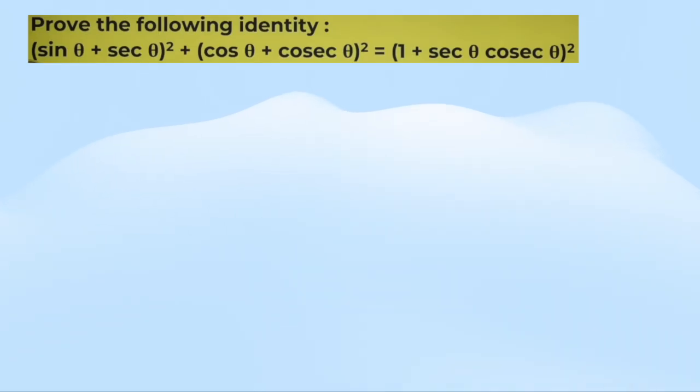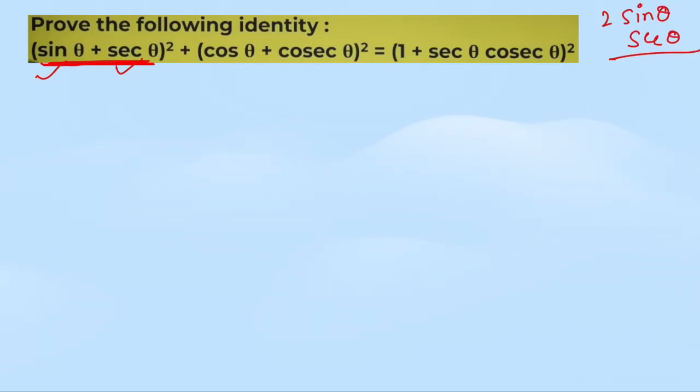Opening the whole square will be a bit difficult because it is a plus b the whole square. So I will get square of sine, square of sec, and then the term 2 sine theta sec theta. And I don't know how to solve 2 sine theta sec theta because they are not opposite of each other also, right? So it's better we convert them into sine and cos.